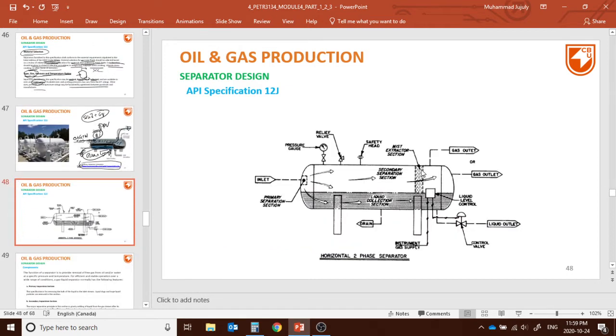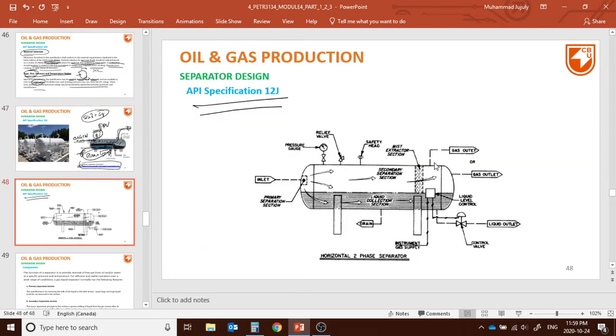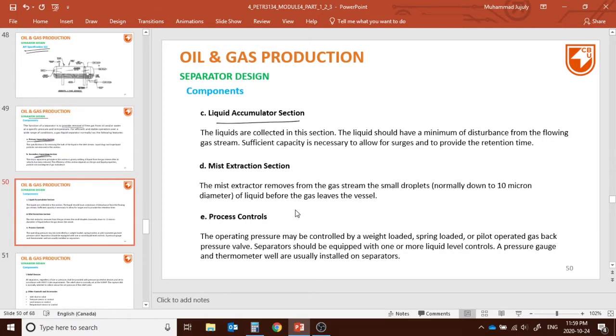This is the picture from the API specification, and it's a very similar principle, as you can see. What are the components we have for the separator? Please go through these components: the primary separating section, the secondary separating section, and the liquid accumulating section.